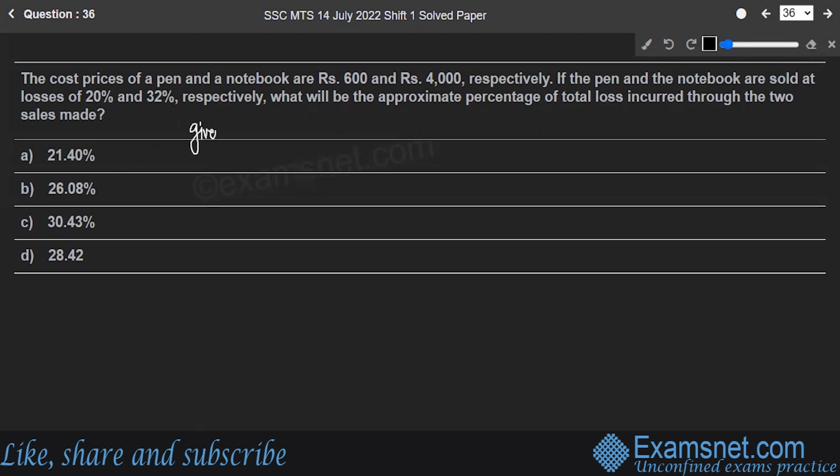You are given, let's write down. Cost price of pen is 600. Cost price of notebook is 4,000.